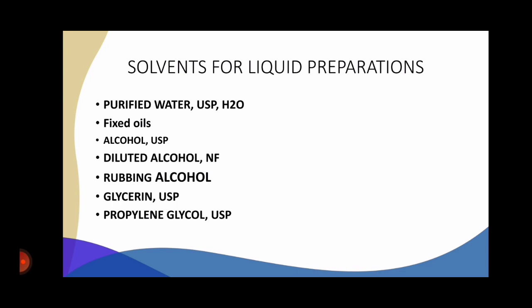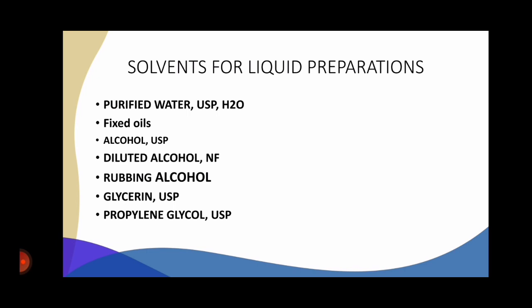So, purified water USP, H2O, is obtained by distillation, ion exchange treatment, reverse osmosis, or other suitable process. It has fewer solid impurities than ordinary drinking water.